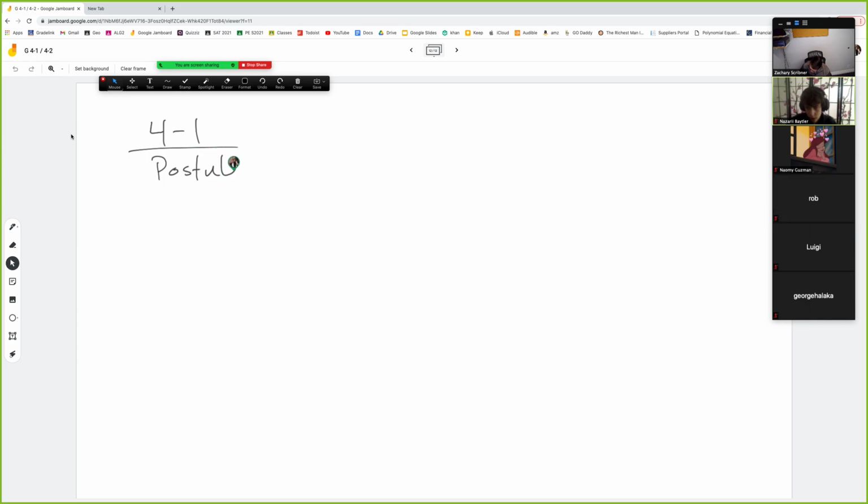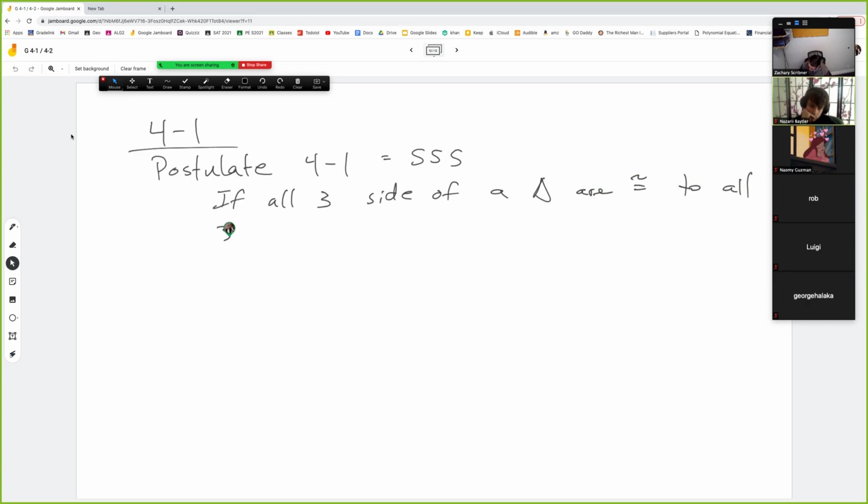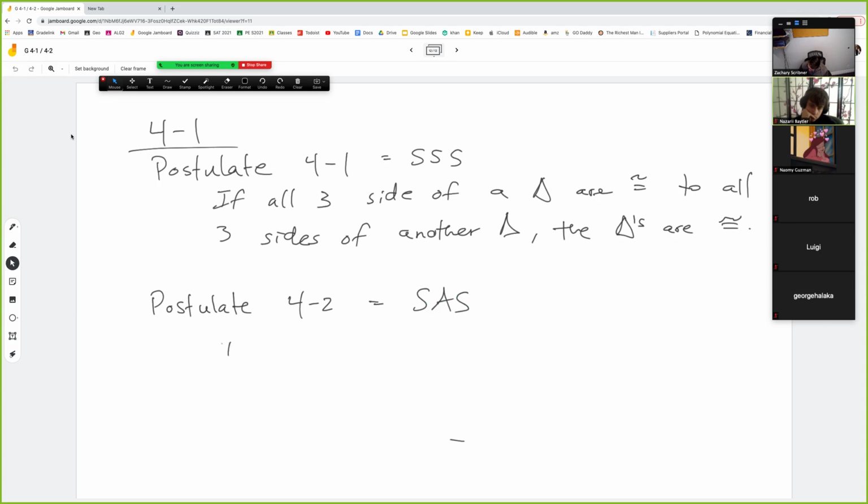postulate 4.1 is side, side, side. If three sides, postulate 4.2.